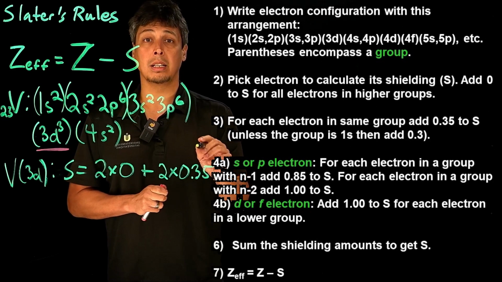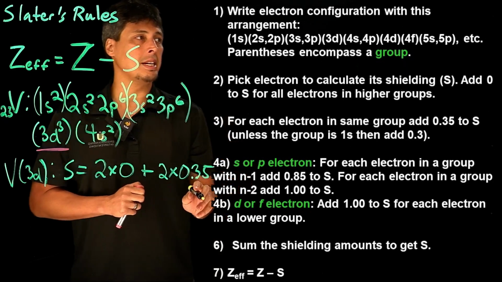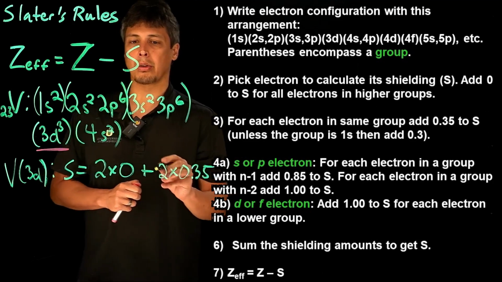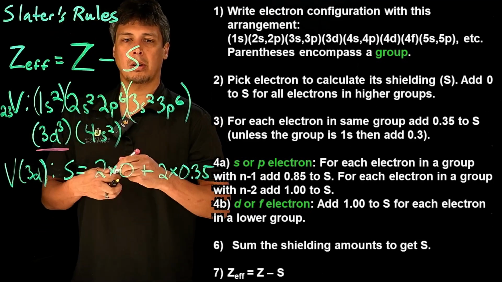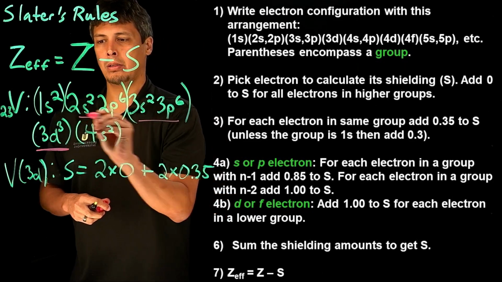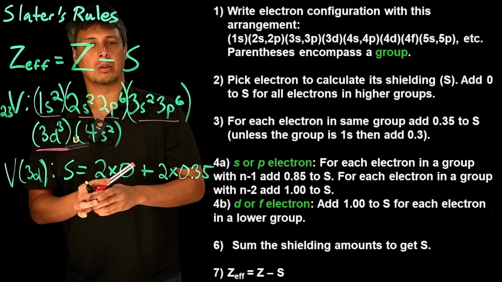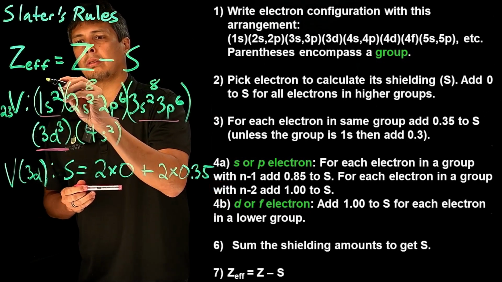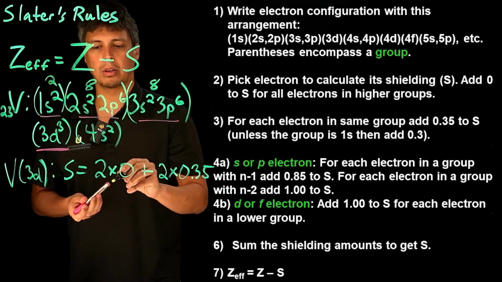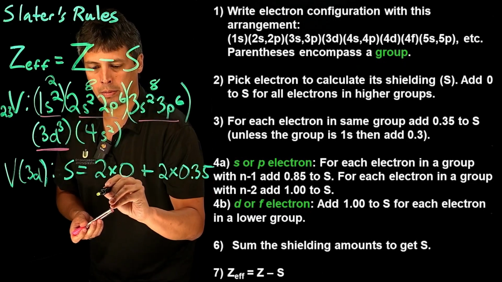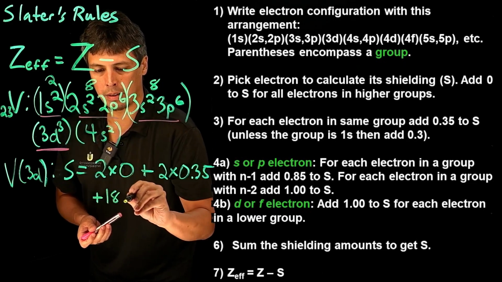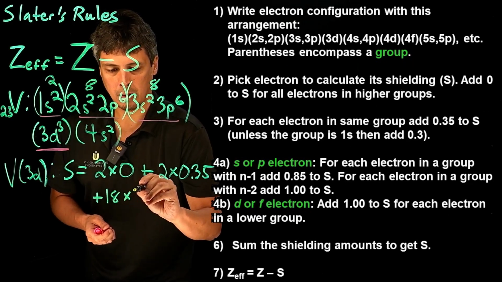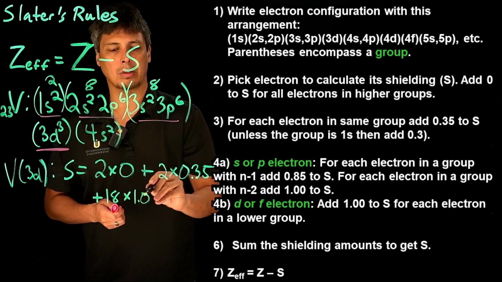We're doing a d electron, so we're going to look at 4b. This says add 1 to S for each electron in a lower group. Our lower groups are here, here, and here. Within this group there's 8, in this group there's another 8, and in this group there are 2, for a total of 18 electrons. So we're going to add 18 times 1.0 for each of those electrons.